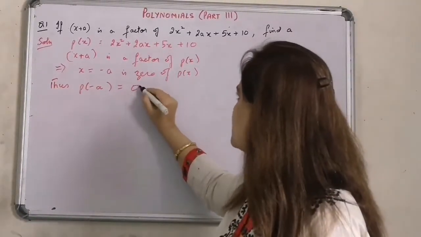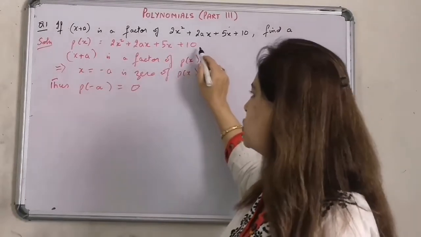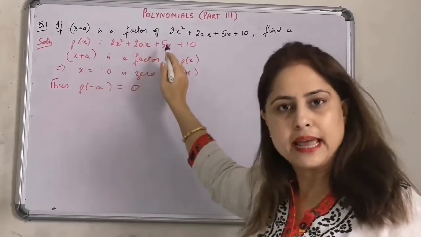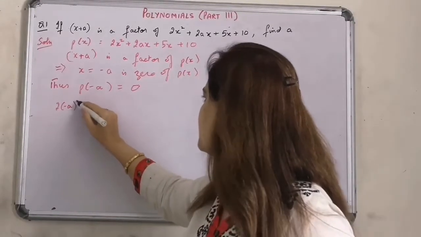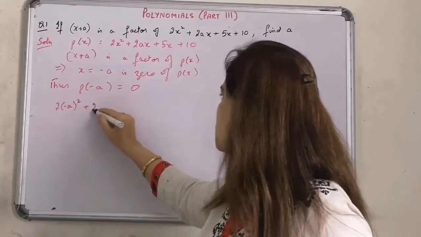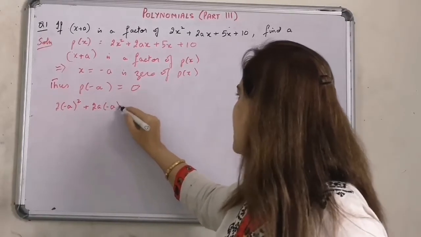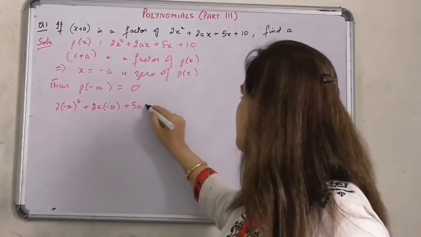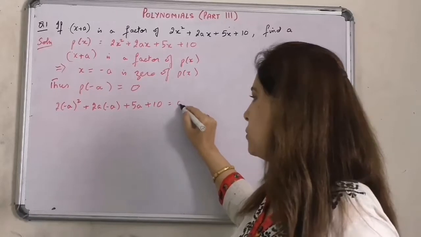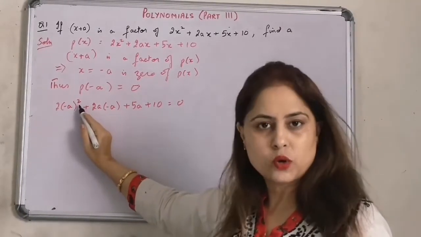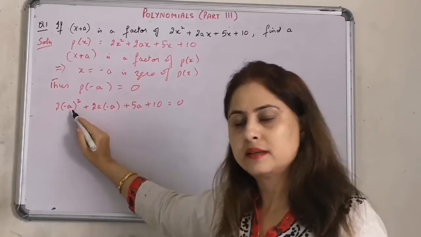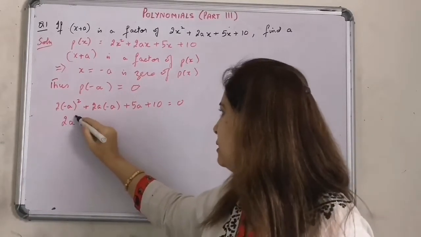So this means we'll put x equal to minus a wherever there is x in p(x). So we have 2 into minus a whole square plus 2a into minus a plus 5a plus 10 is equal to 0. Let's work this out. Minus raised to an even power is always positive. a into a is a square. So we have 2 into a square over here.